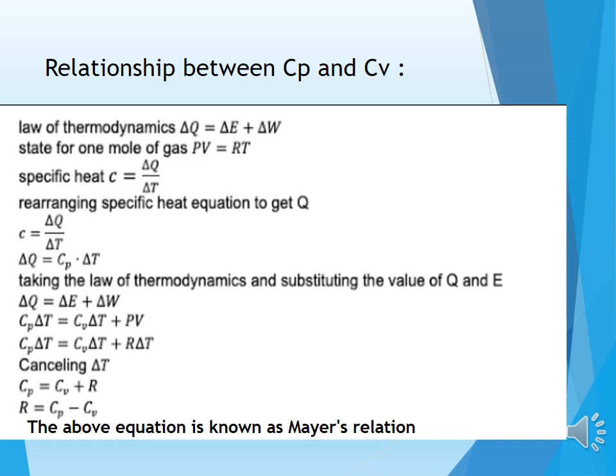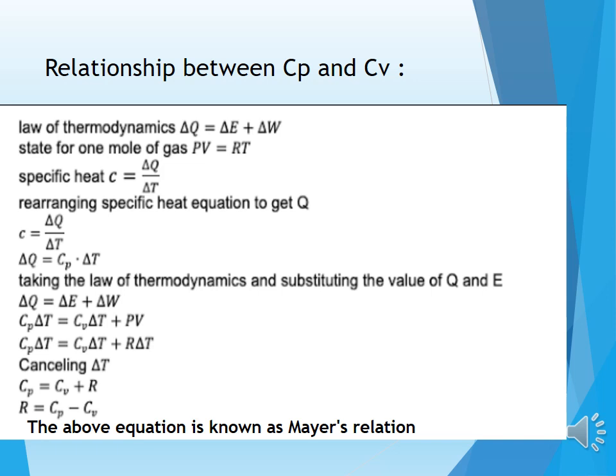According to the first law of thermodynamics, ΔQ equals ΔE plus ΔW. For a perfect ideal gas, PV is equal to RT. Then we substitute the values of ΔQ, ΔE and ΔW, and cancel the ΔT in the equation.